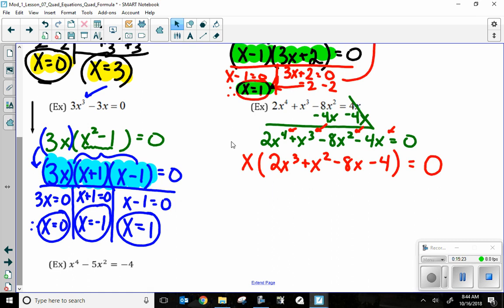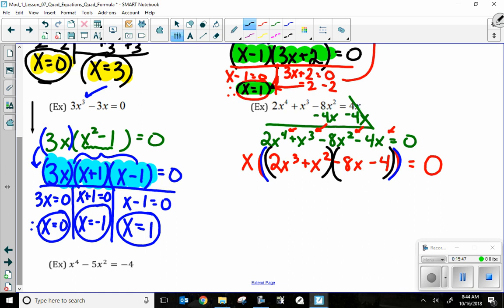What do I do, or how do I factor something that has 4 terms? I factor what's in the parentheses right here. I'm going to factor it by grouping. Okay, I'm going to group the first two, and I'm going to group the last two. And I'm going to factor those individually.